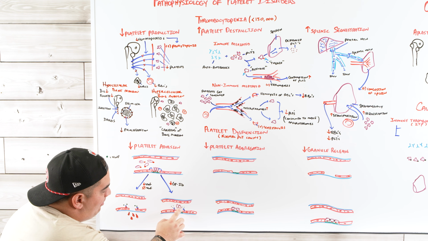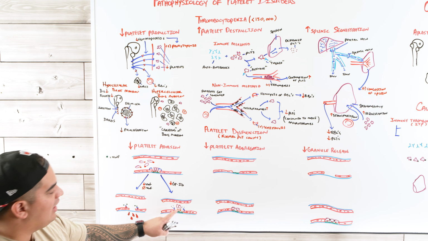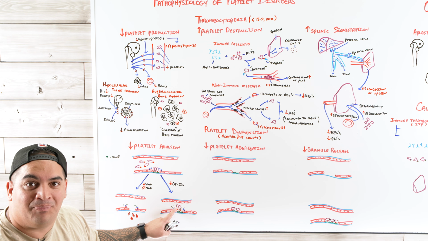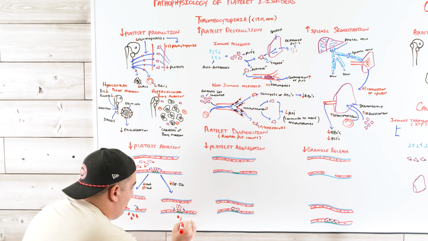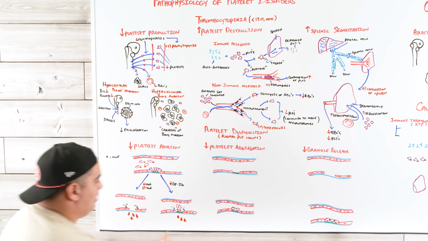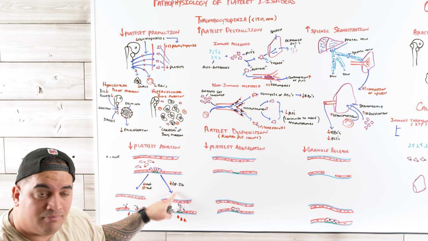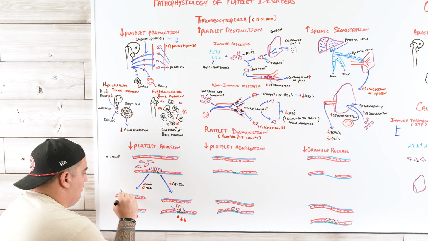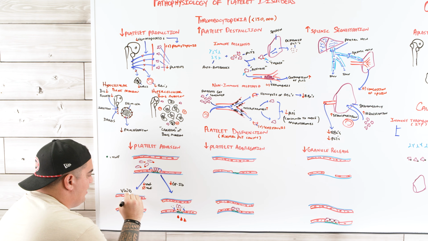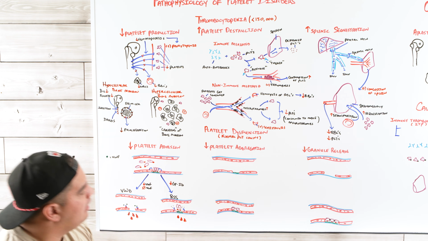And if they don't have that protein present, we can't allow for them to cross-link. And will I be able to form the platelet plug? No. And so as a result, what will happen to this patient? They will start to bleed because they won't be able to form a platelet plug. We'll talk about later, this is called Bernard-Soulier syndrome. All right? For now, I just want you to trust me. This is called von Willebrand disease, and this is called Bernard-Soulier syndrome.